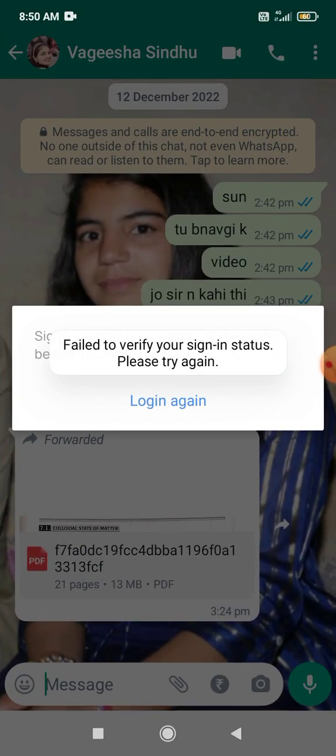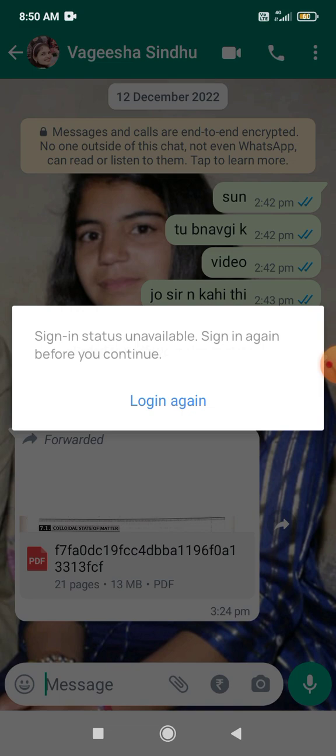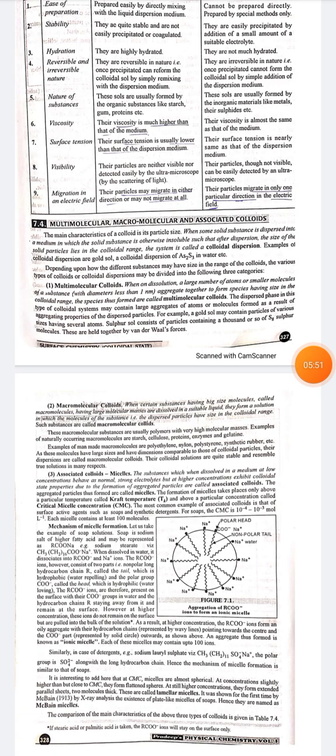Examples of colloidal dispersion are gold sol, a colloidal dispersion of As2S3 in water, etc.